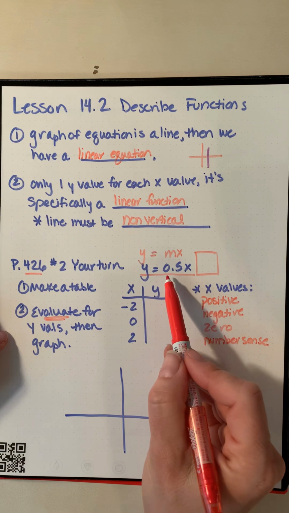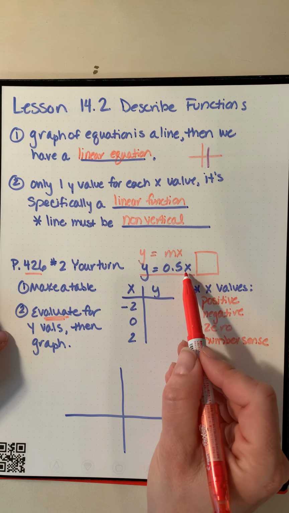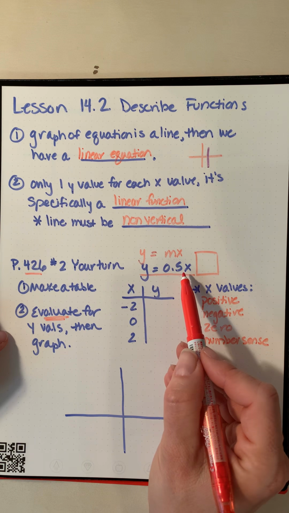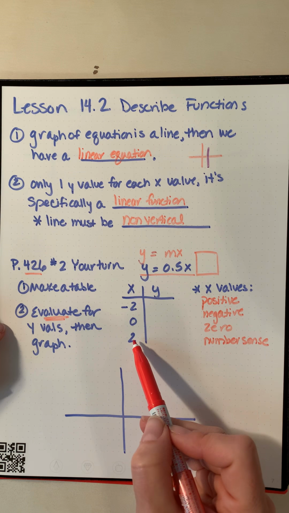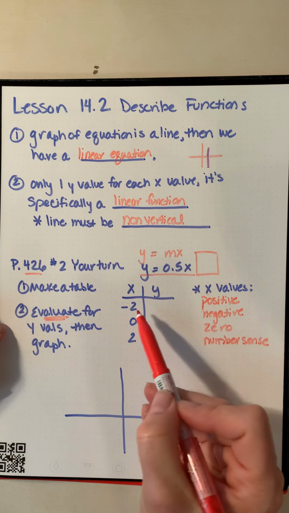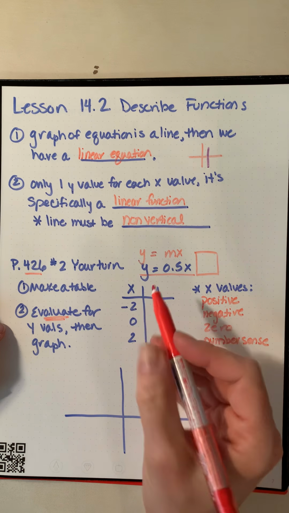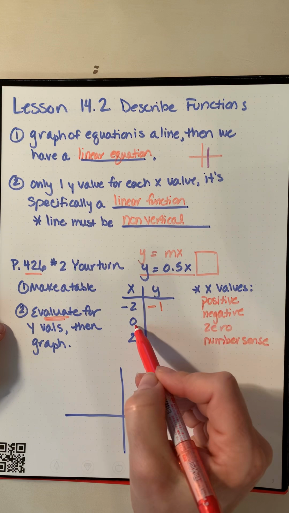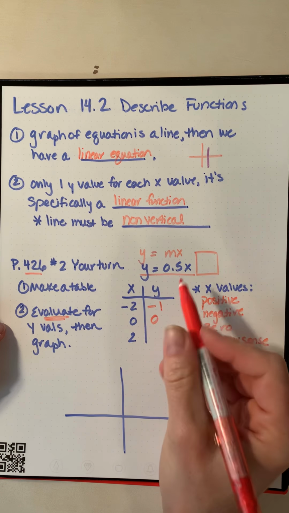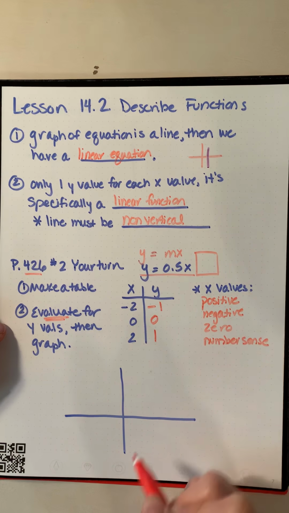Well, in this equation, we're taking half of x every time. So number sense wise, I'm going to pick x values that are even. It's easy to cut those in half. All right. So half of -2 is -1. Half of 0 is 0. Half of 2 is 1.